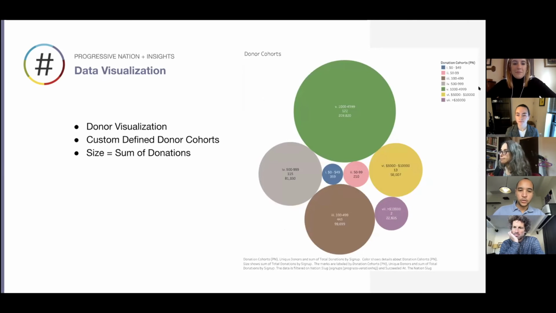In this particular one, the size of the bubble is based on the sum of donations, but then you can see some of the data within that bubble. For example, the green one at the top is donors who have donated between $1,000 and just under $5,000 in total, so over the lifetime of that supporter. There's 122 of them in this particular example.